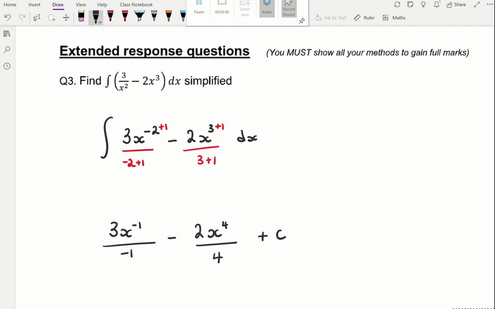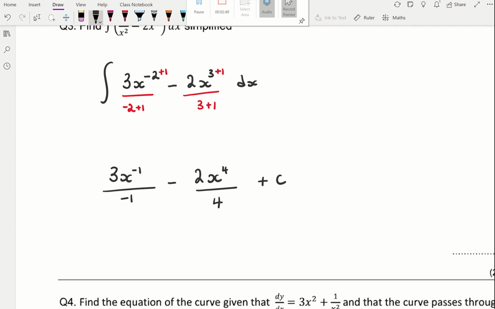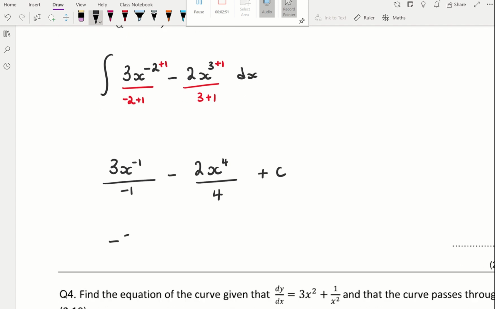So again, remember the plus c. 3 divided by negative 1 is negative 3x to the power of negative 1. And then 2 divided by 4 is a half. So it's minus x over 2 plus c.